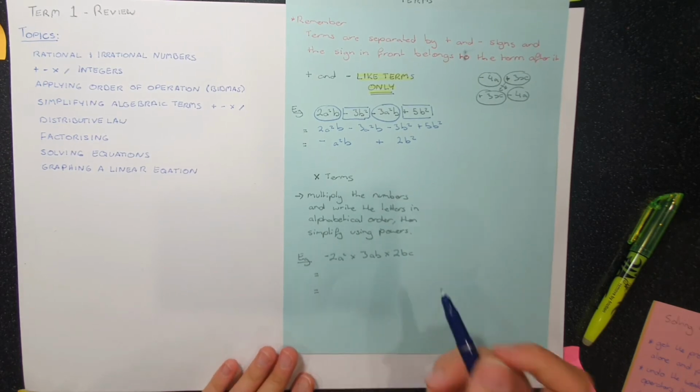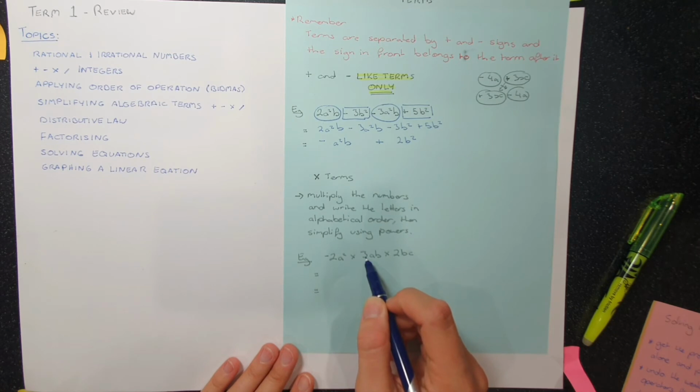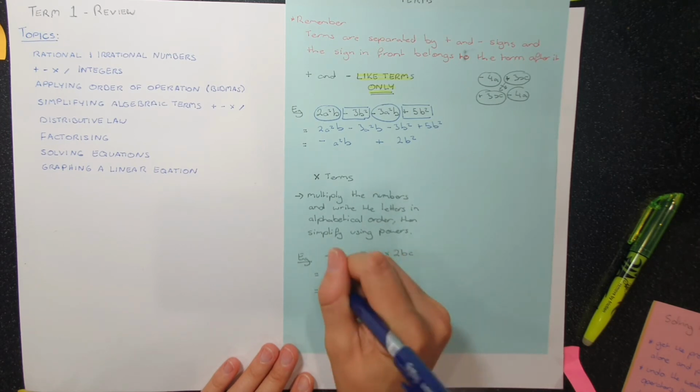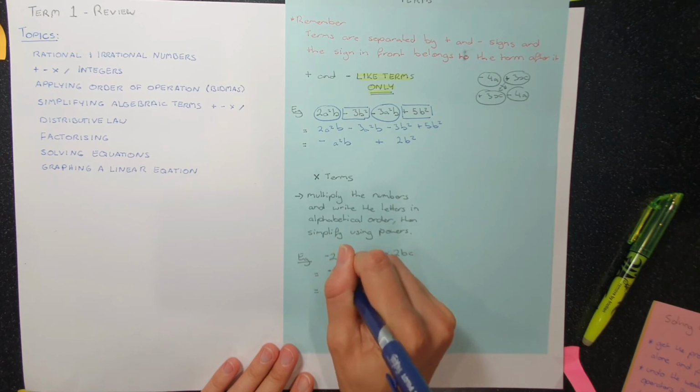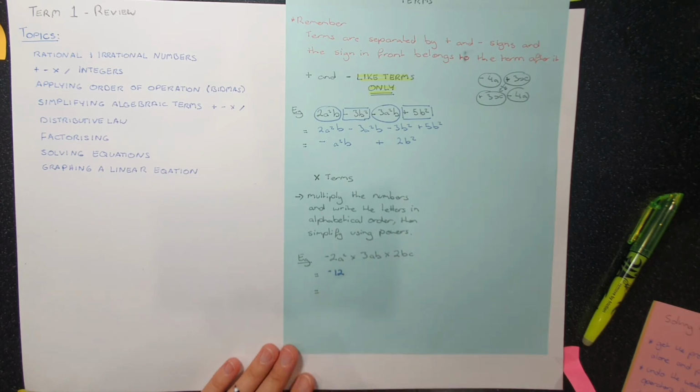So let's have a go. Negative 2 times 3 is negative 6, and negative 6 times 2 is negative 12.